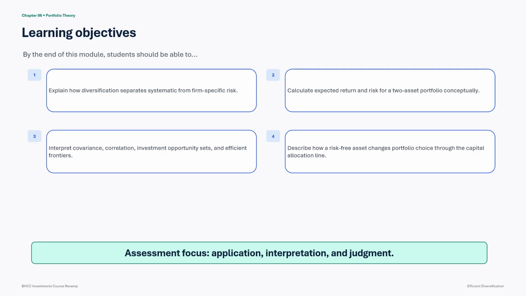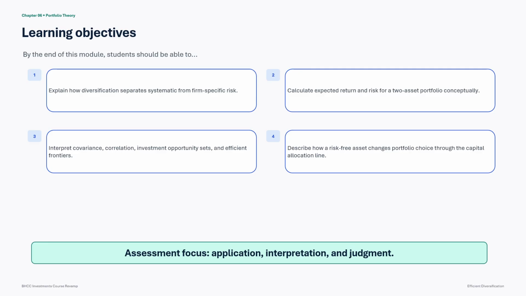These ideas turn a collection of assets into a risk-return menu. They help us identify portfolios that are dominated and portfolios that offer the highest expected return for a given level of risk.